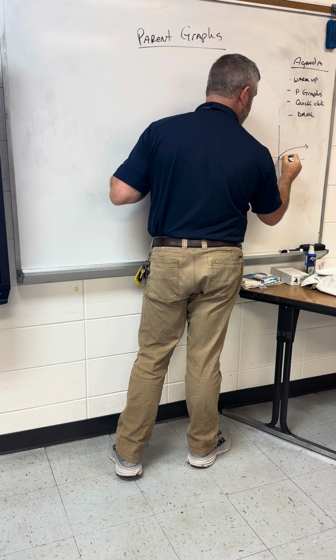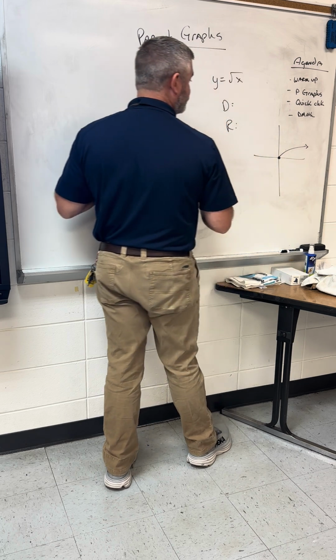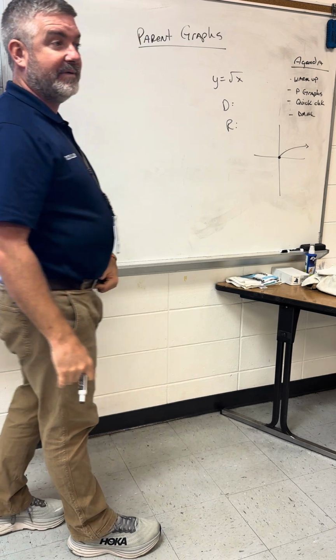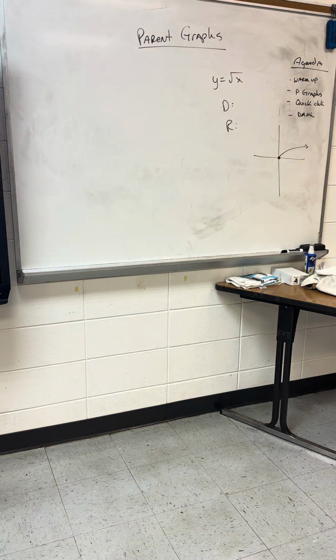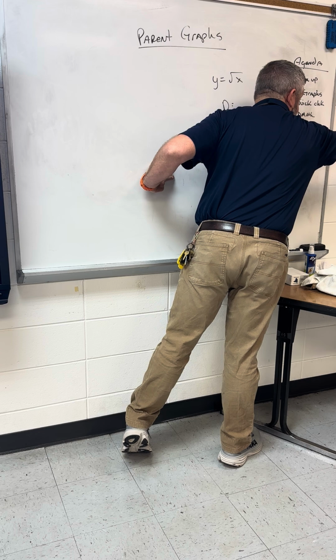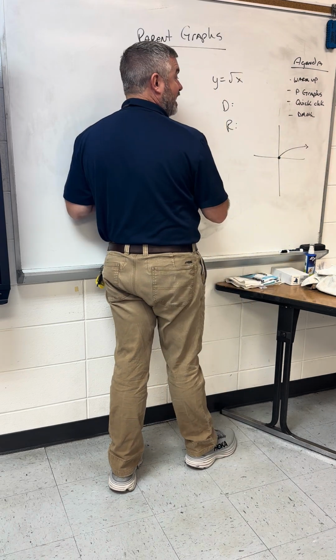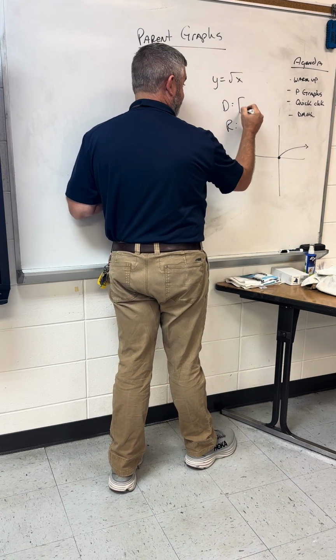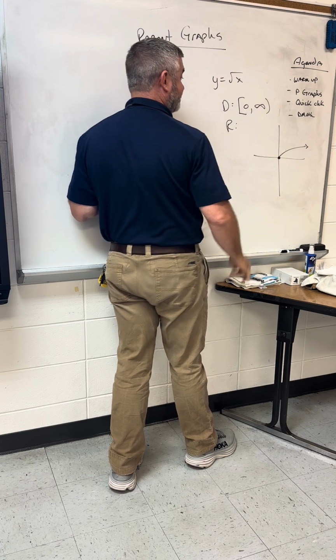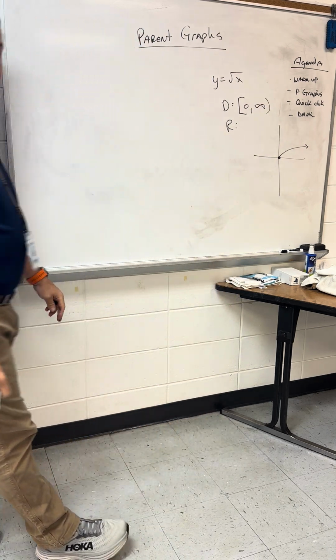What's the domain? Is it all real numbers? No, it's not. Very good. What is the domain on this one? It starts at 0, bracket, and it goes in that direction forever and ever. So how do I do that? Bracket 0, comma, positive infinity, parentheses. Perfect. I love it. Maybe I should have done it in that order.